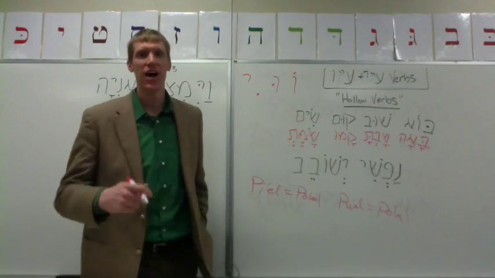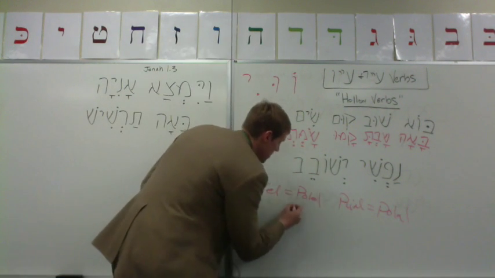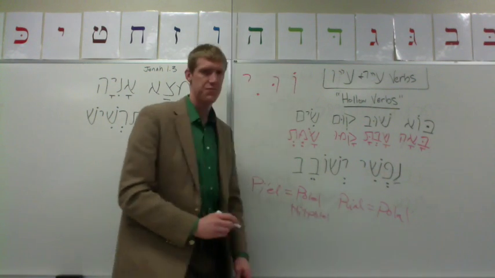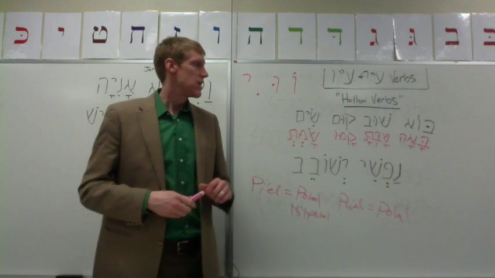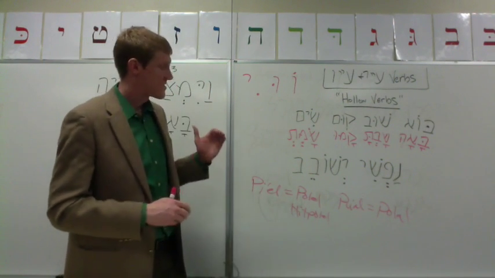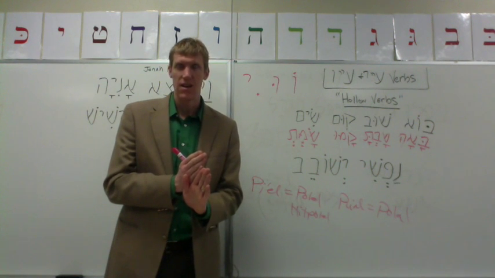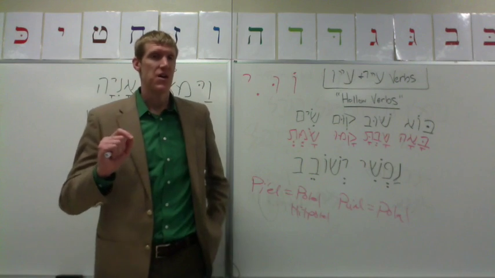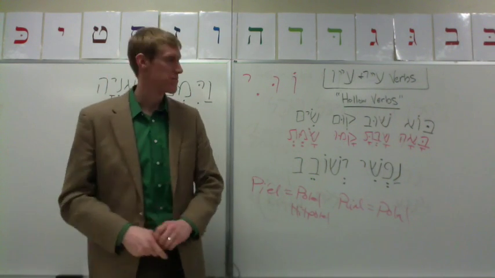And the hitpa'el becomes the hitpolel. And what that means is that instead of doubling the middle root consonant, they double the final root consonant. But they don't double it with a dagesh forte, they actually repeat it.